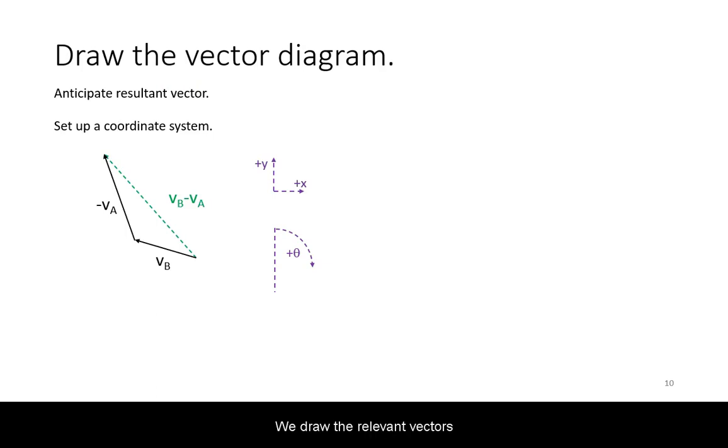We draw the relevant vectors tail to head with our anticipated resultant vector and set up the coordinate system.